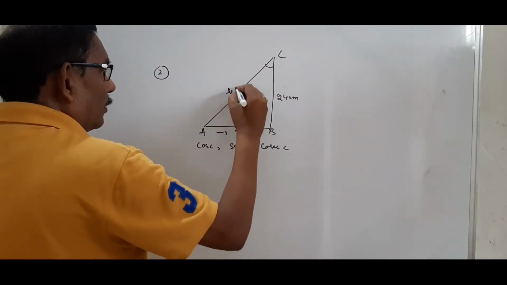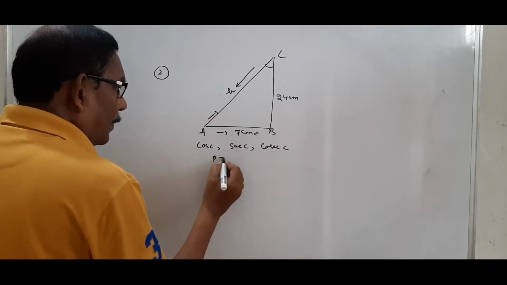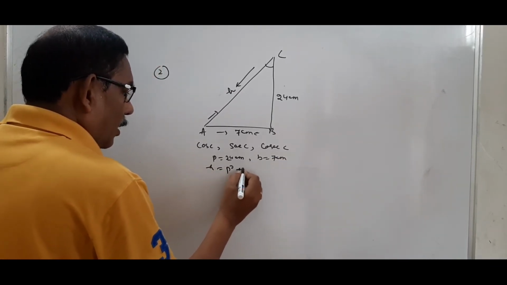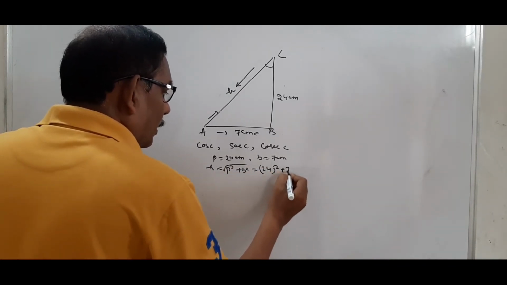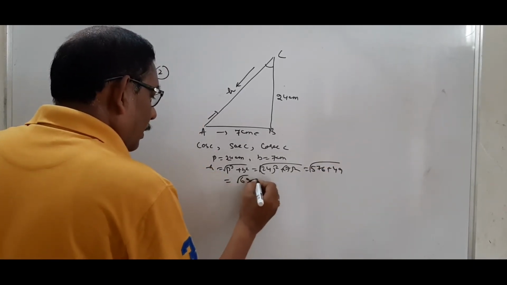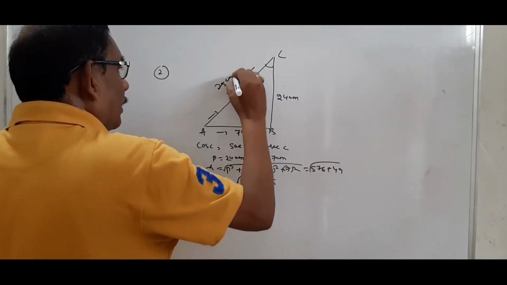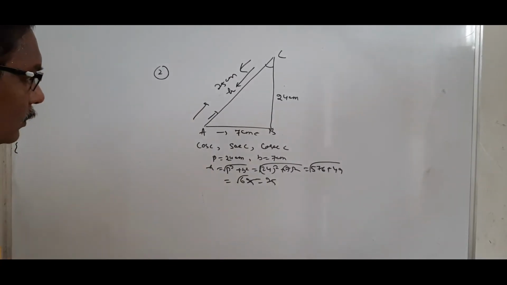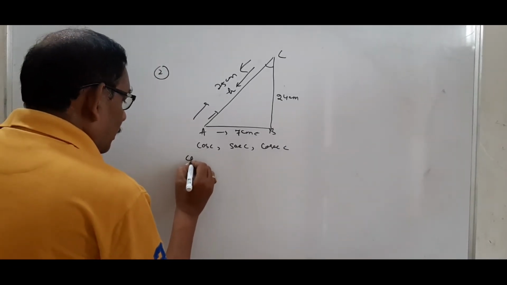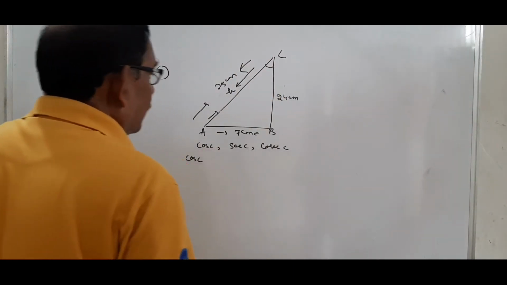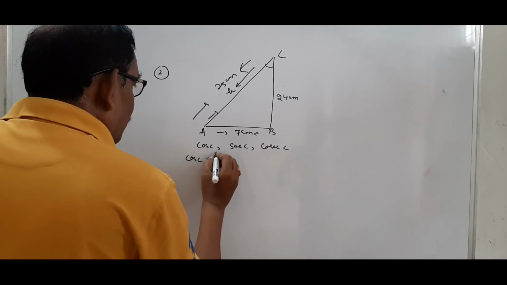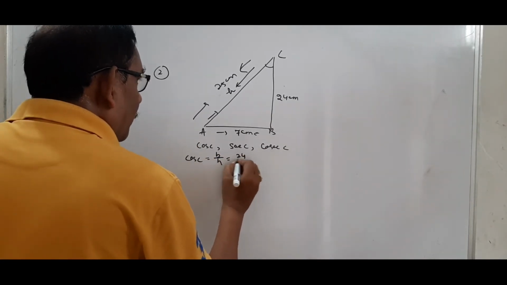Find the missing value H. P is 24 centimeters, B is 7 centimeters, H is the square root of 24 square plus 7 square, 576 plus 49, that is 625, root over that is 25 centimeters. Now cos C means B by H, B is 24, H is 25, so 24 by 25.